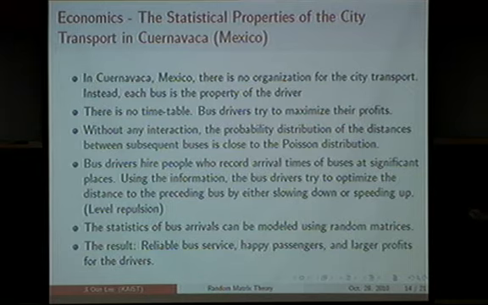Some people tried to find the statistics of the bus arrival times using the random matrix, and it was successful. The result is reliable bus service, happy passengers, and larger profits for the drivers. In other words, it is much more efficient than using timetables. But of course, this does not come from the random matrix theory.